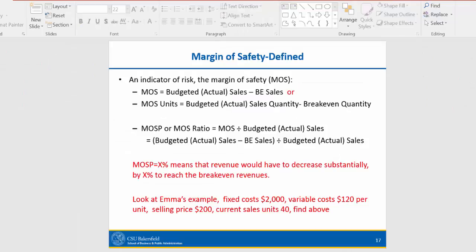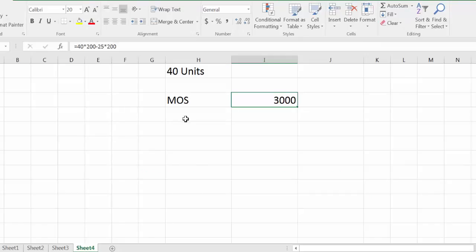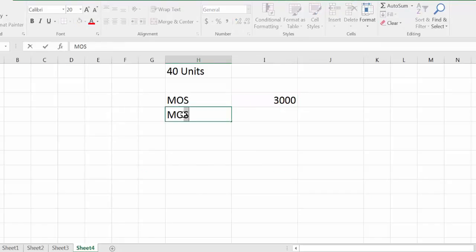The other way to explain this number is to say that the revenue has to decrease substantially by 3,000 to reach the break-even revenue or break-even sales. Now let's look at the margin of safety in units.